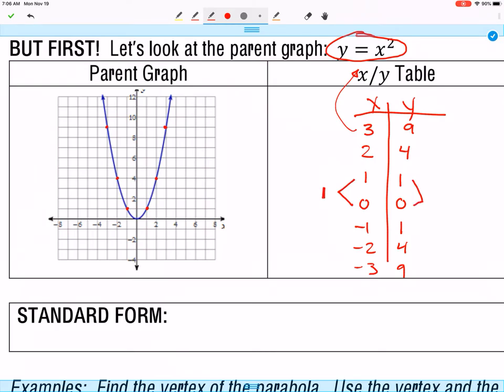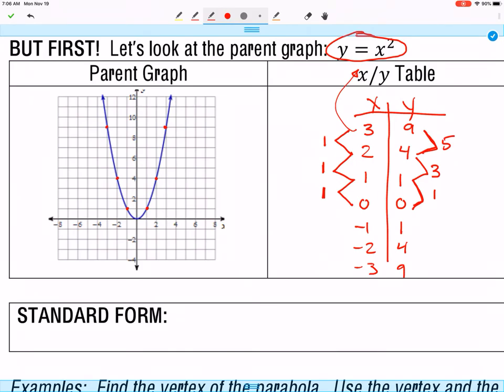It moves up in the y direction 1. Our next step goes from 1 to 2, which also gives us a move of 1. And then 1 to 4 gives us 3. We go up 3. And then if we move x from 2 to 3, our y value gives us 5.